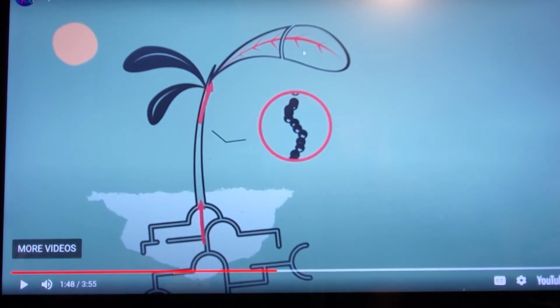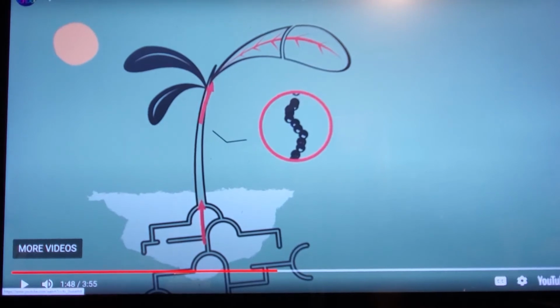But once in the leaves, they're going to start to sweat or have transpiration. Instead of perspiration like humans, they have transpiration. It pulls those water beads all the way up. They go into the cells, but some of it also goes up into the atmosphere.